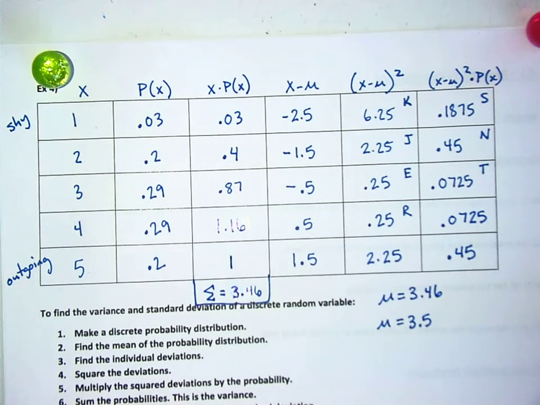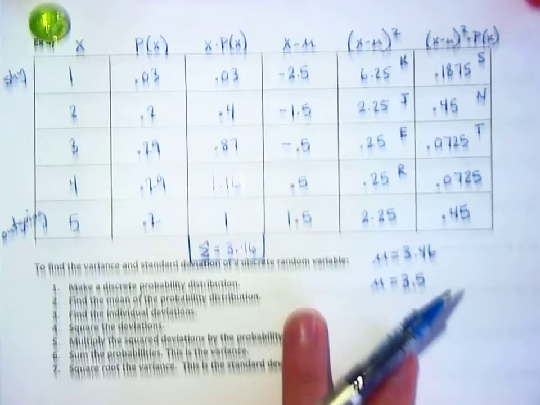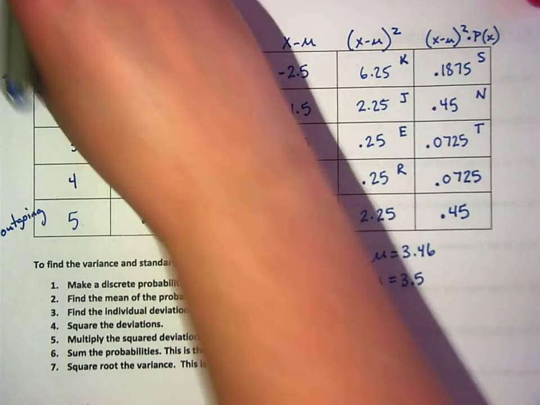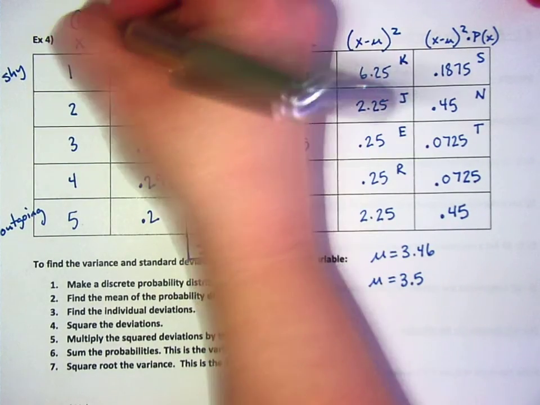Okay. So, now what we're going to do is see where we are on the list here. We've got make a discrete probability distribution, find the mean. We did that, check. Maybe, do you guys want me to list these things? Like here, this is step 1 and step 1.